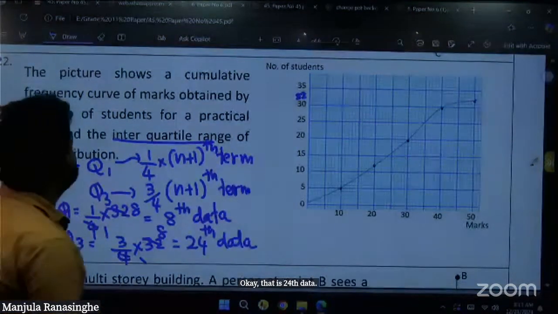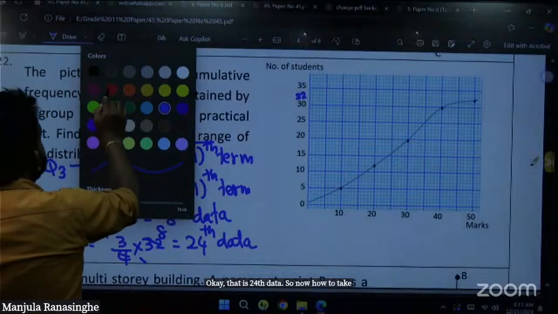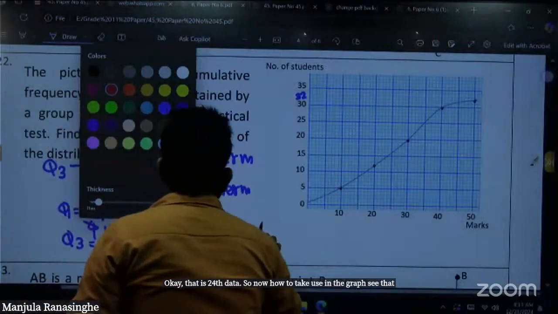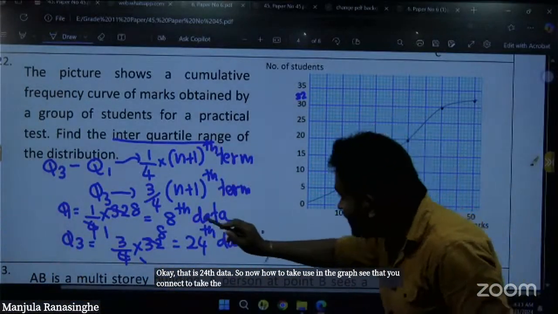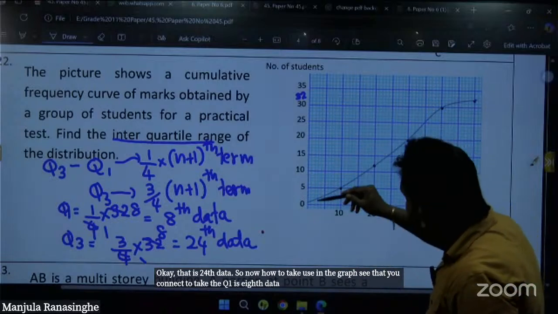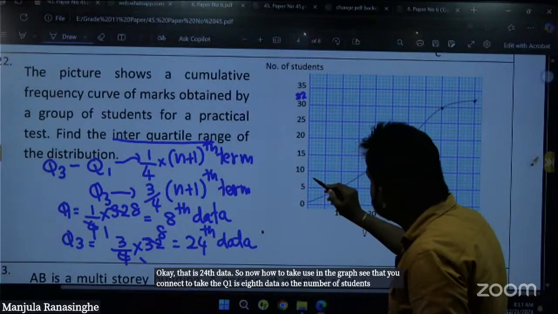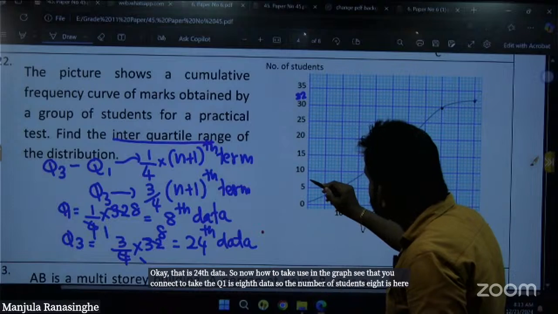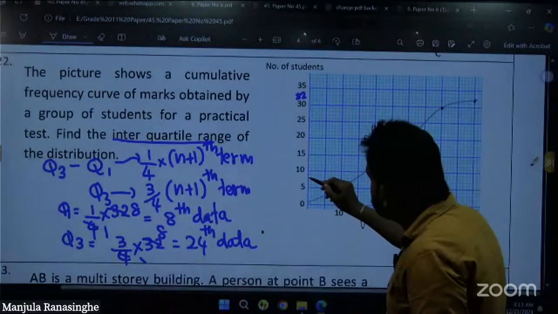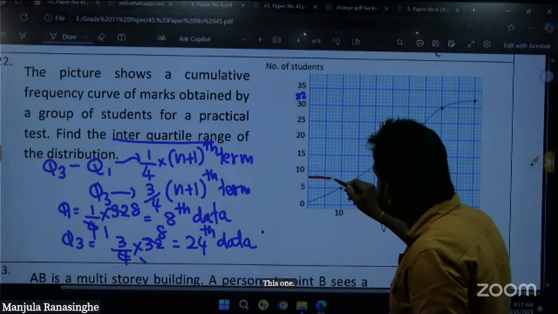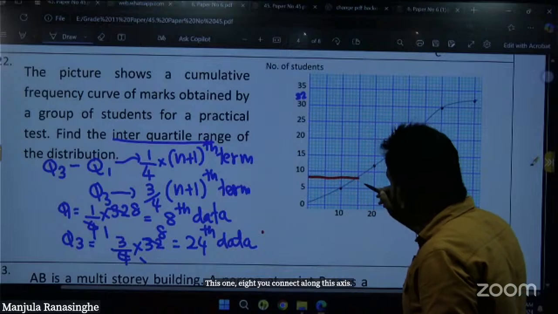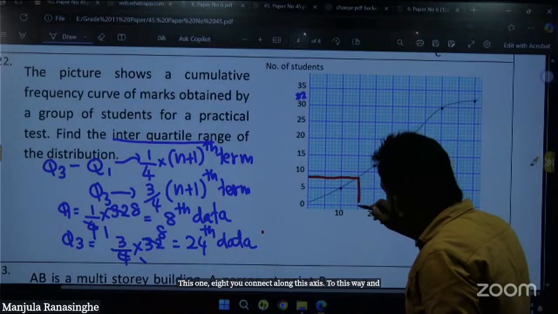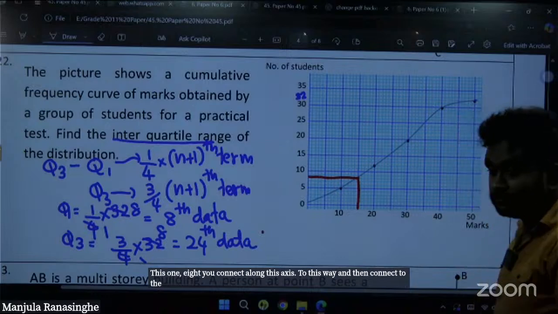So now how to do it using the graph? You take Q1 as the 8th data. So the number of students 8 is here. This one. So 8, you connect along this axis, this way, and then connect to the line and the x-axis.